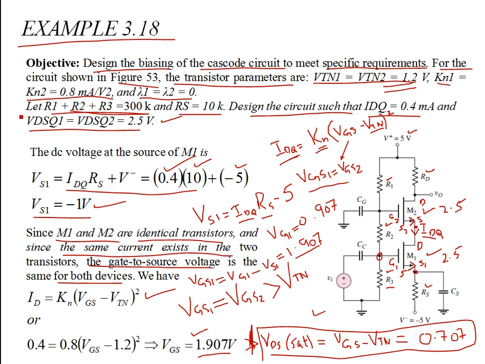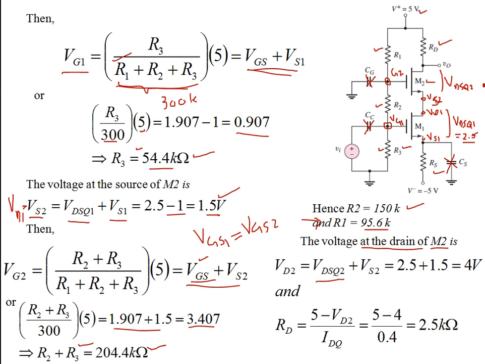So 2.5 volts plus VS2 gives you 4 volts. VD2 is 4 volts. Now if you take the potential difference between these two points, this point is basically VD2, the DC output voltage. Then 5 minus VD2 over IDQ is going to give you RD, which is 2.5K.